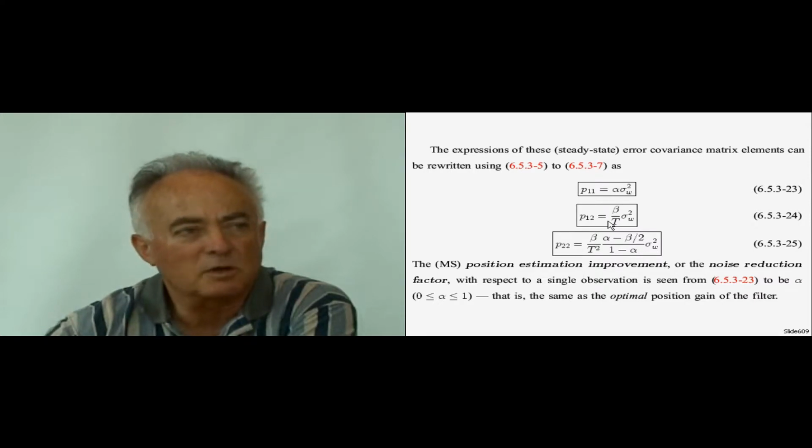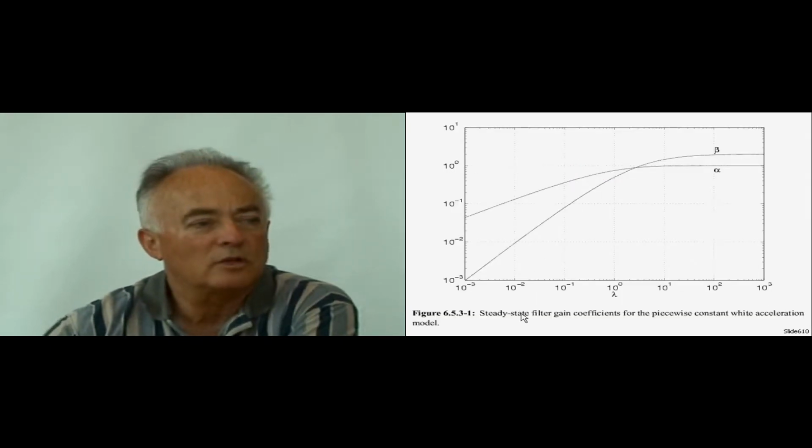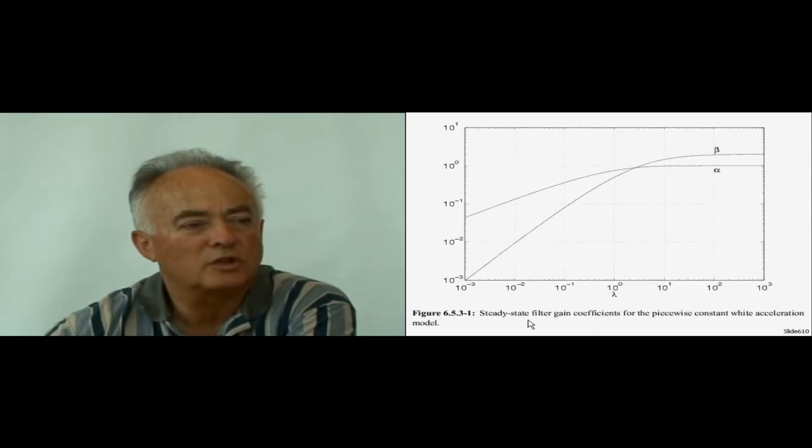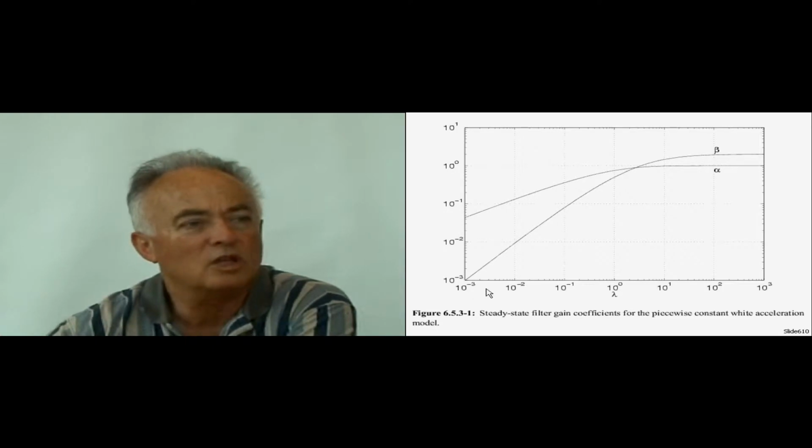There are similar expressions for the P12, this is the covariance between the position and velocity error, and P22, this is the velocity error. And this gives a plot of the steady state filter gain coefficients for this piecewise constant white acceleration model in terms of lambda, the maneuvering index. At the maneuvering index of 1, you can see it here, it is roughly in the 0.5 or so range.